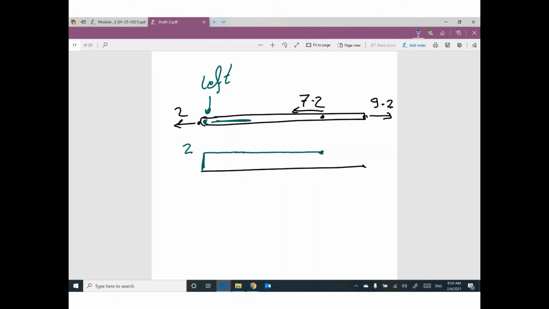Just ask yourself one question. Do you think this direction is in the same direction like 2 or not? If the same direction, this value will increase to 9.2. If this one is in opposite direction, this value will decrease. That makes sense?